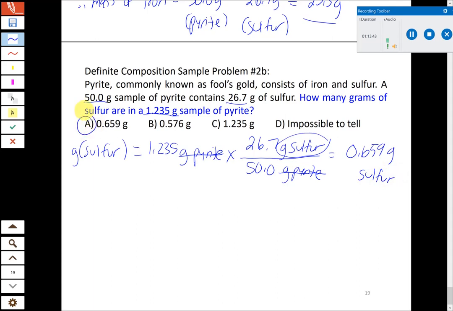All right, so the key concept that I introduced in this problem, which we're going to see on a lot of the homework questions in the first part of this course, is that the mass ratios can be used as conversion factors.